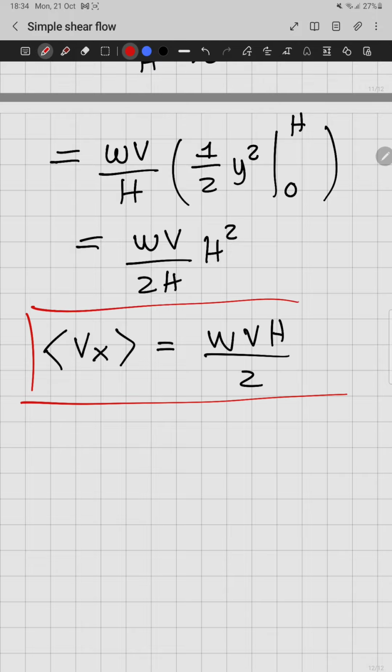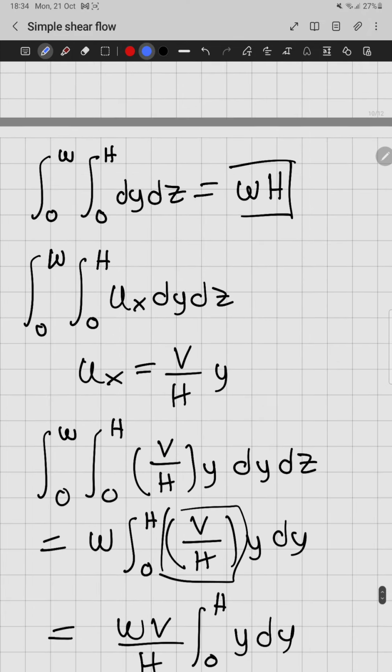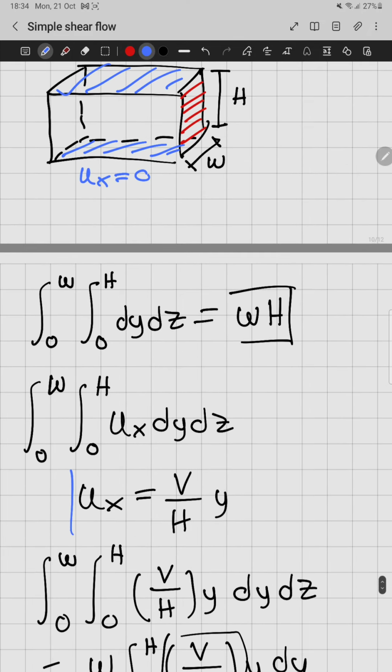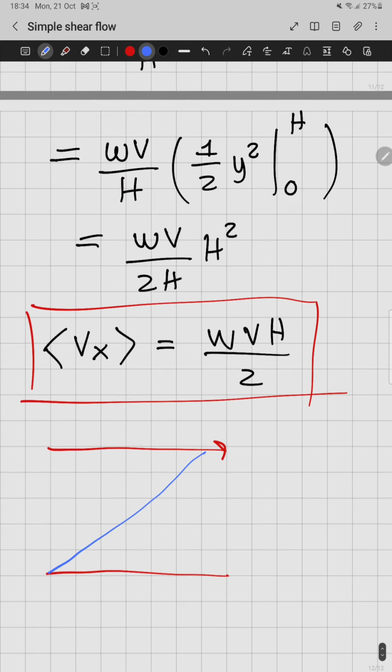So you can see this equation does not depend on y. So this is just a constant. So why is it important to estimate the average velocity? From our solution of the equations, we found that the velocity profile is linear for simple shear flow.